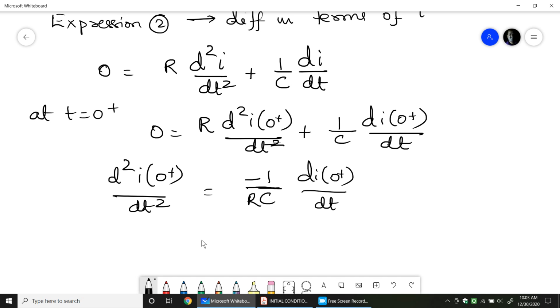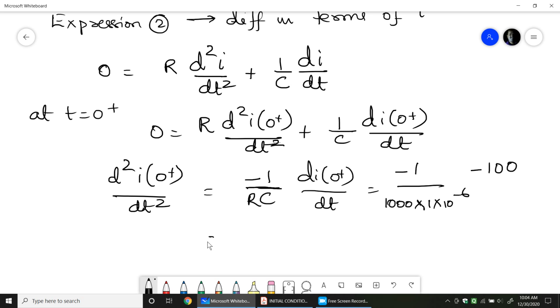Now you substitute the values of R, C and di of 0 plus by dt. R is 1000 ohms, C is 1 microfarad, so C is 1 into 10 power minus 6, and di of 0 plus by dt is minus 100.